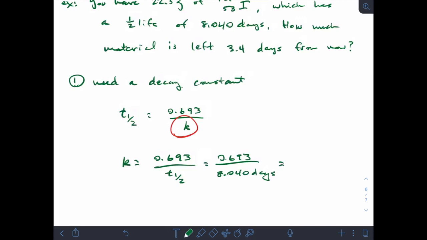So my decay constant will equal 0.08619 days to the minus 1, so inverse time.